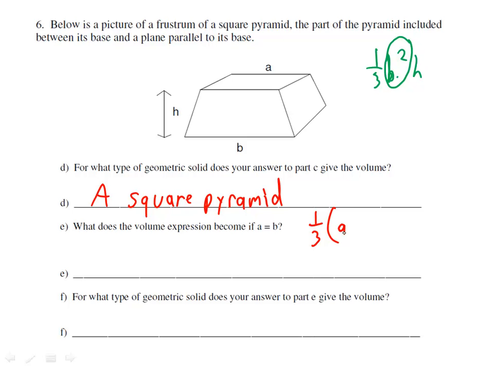So we have a squared plus another a squared, because it's a times a, plus a squared. So I changed this b. We had a squared plus ab. This was the original expression from the previous slide.